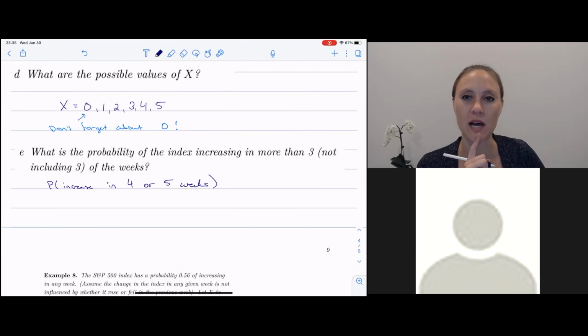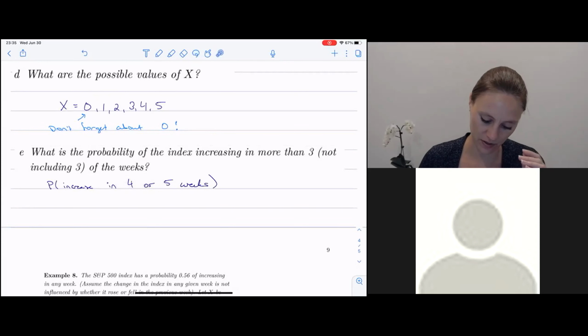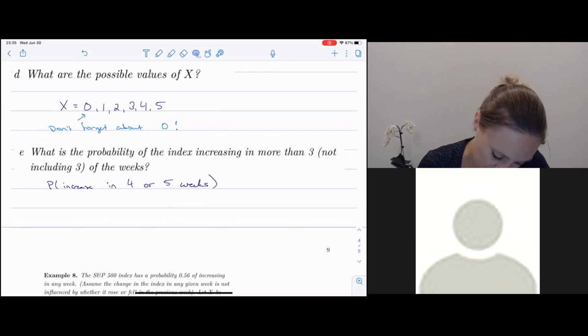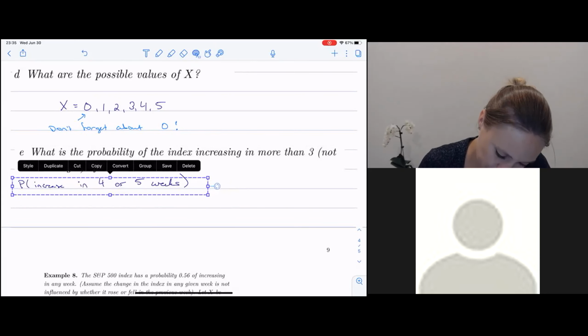Which in terms of the probability notation and the binomial distribution, well, the binomial distribution can only give us the probability of exactly 4 or exactly 5, right? And so if we care about 4 or 5, then we have to find those probabilities individually and add them up, right? So I'm going to scoot this over just a smidge here.